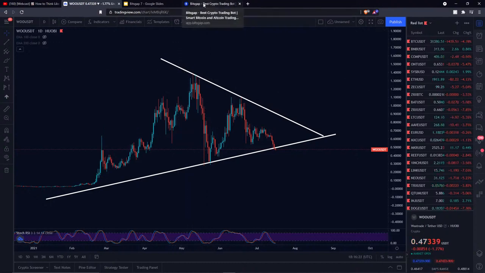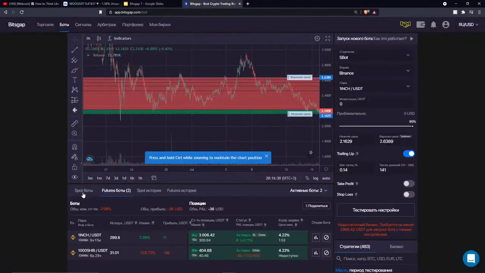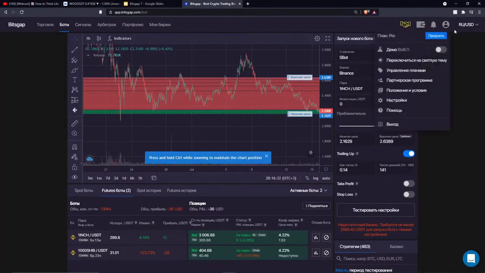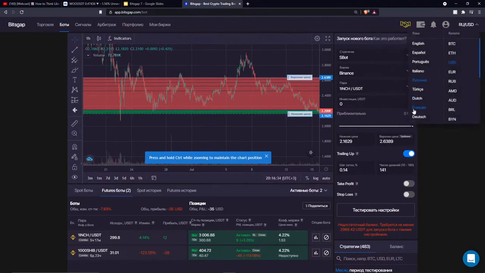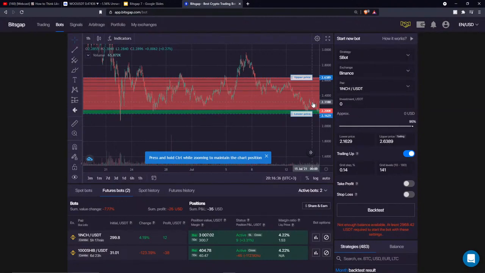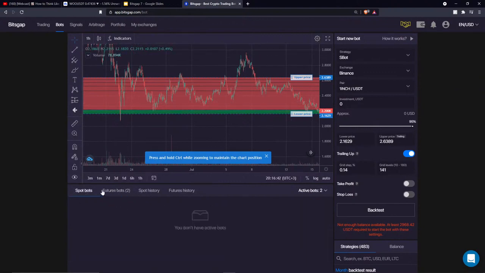So I actually have like 10 strategies, no, actually 9 strategies active on Bitsgap, but that's not the one I use here. That's actually the one I use on another account, but right now I'm using this one for my futures trading experimental account.